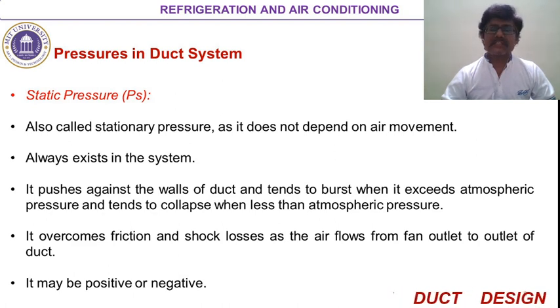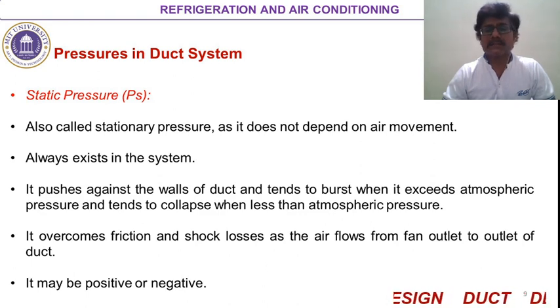And it will always exist in the system, whether the air is flowing or the air is in a stationary condition. So the static pressure will always be present in the system. In other words, it is the pressure which acts against the walls of the ducts, and if this static pressure exceeds the atmospheric, surrounding pressure, the duct is likely to burst or explode.